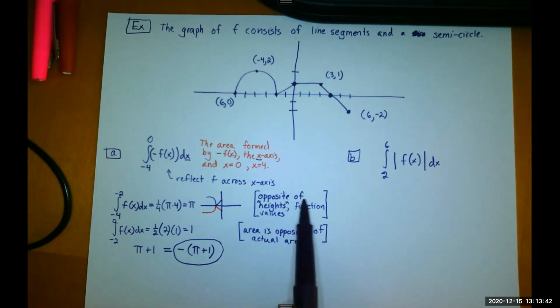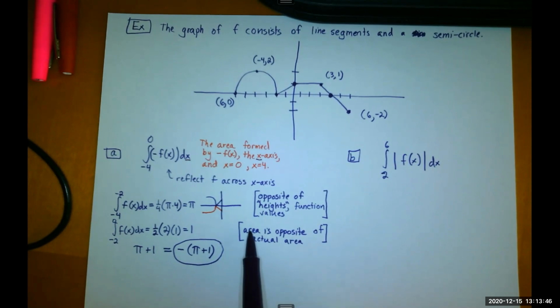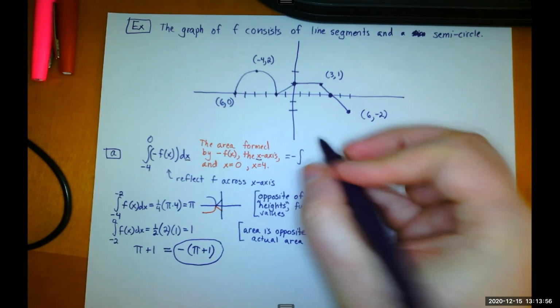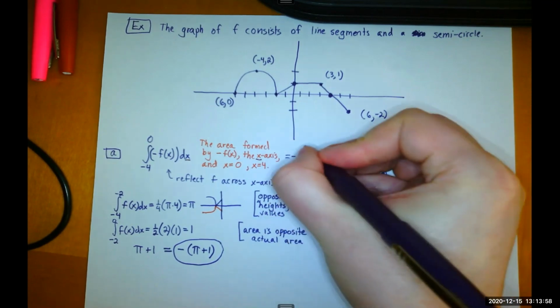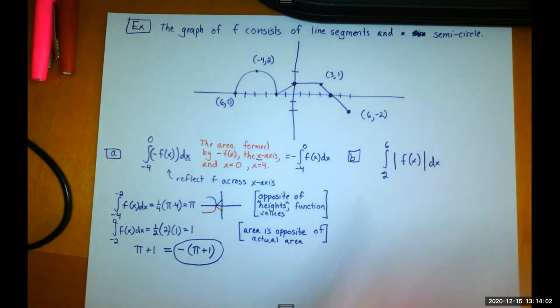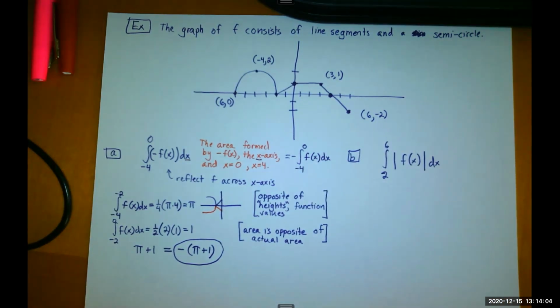So we could do that by taking the opposite of the function values, the heights, or we could think of it as just, we want the opposite of the actual area. Now, the reason why this works two ways, and this is something we will spend more time on, is because for this particular type of transformation, I'm allowed to say that it's equal to the opposite of the whole area from -4 to 0. You can't do that for all these transformations.